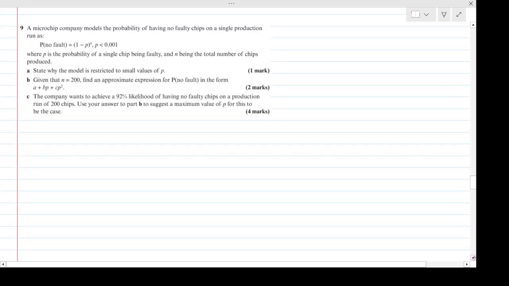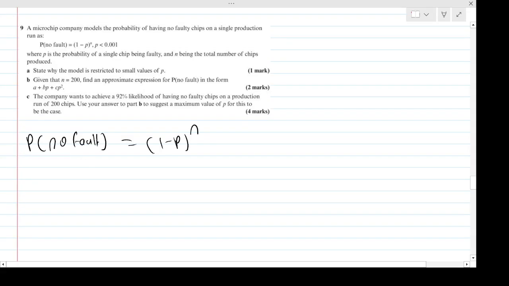We are told a microchip company models the probability of having no faulty chips as P, no fault, equals 1 minus p to the n. Now this P, by the way, means probability. So this is saying probability of no fault.